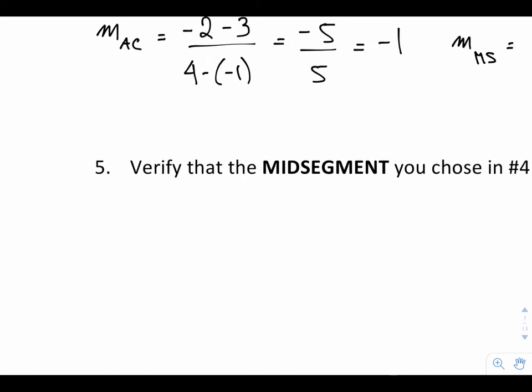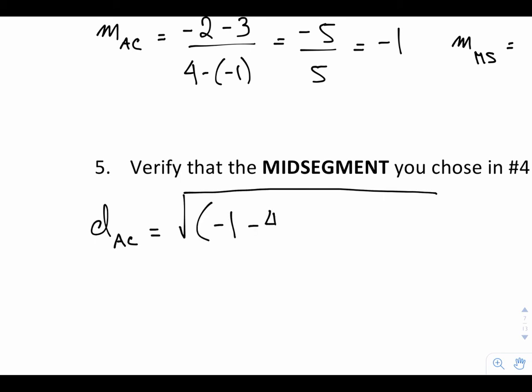So I'm going to have here the length, or you know what, we'll use D for distance. We've been using that lately. The distance of AC is equal to, again, I'm not going to write out the formula at this point. You should know it by heart. But I want you to try to understand where these numbers are coming from. I'm not just choosing them at random.